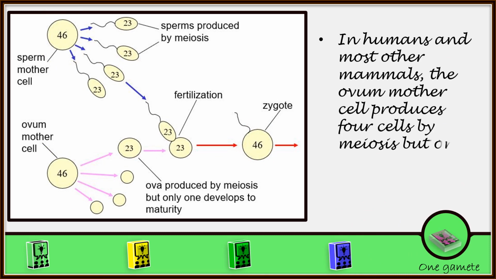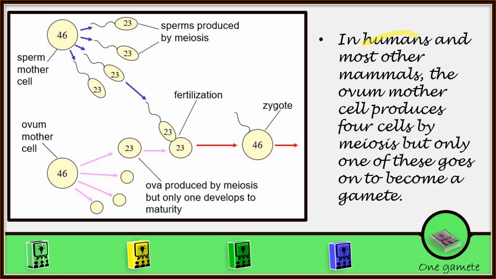In humans and most of the mammals, the ovum mother cell produces 4 cells by meiosis, but only one of these goes and becomes the gamete.